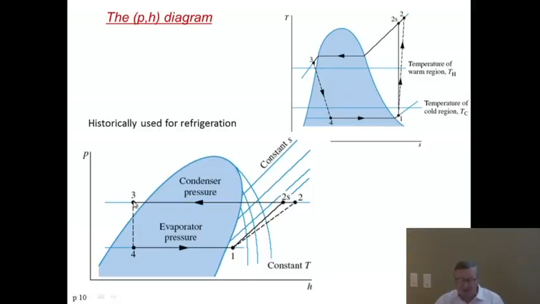So we are here. The nice thing about a pH diagram is that an isenthalpic transformation, a throttle, is now a vertical line, 3 to 4, because this is enthalpy. Here you have point number 4, so at the finite quality factor, and you go from 4 to 1 at constant pressure, because this entire thing here is a constant pressure. So you have a diagram that looks like this, 1, 2, 3, 4.